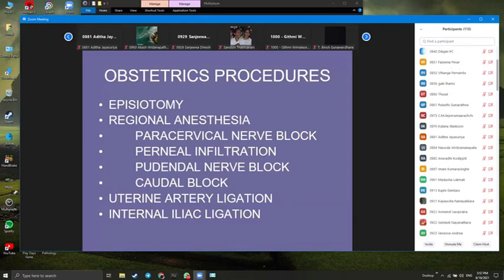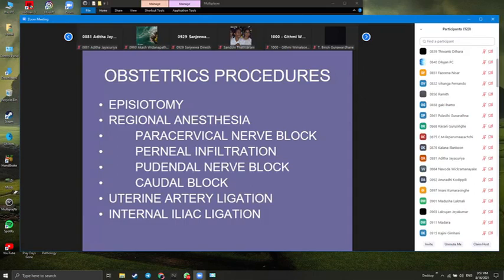And if you want to deal with the cervix, how would you do the paracervical nerve block? Because if you do dilatation of the cervix without giving a block, the patient will go into severe neurogenic shock. If that situation is to be avoided, you need to know how we give the paracervical block and what the nerves involved are.